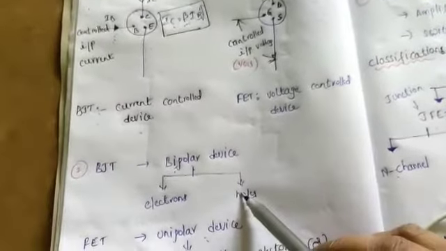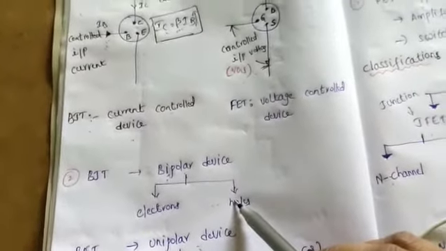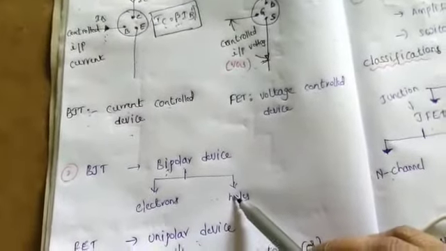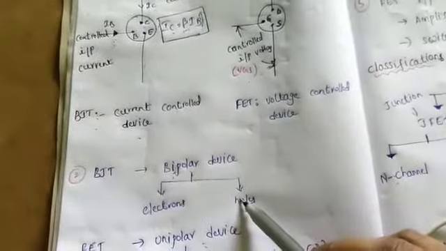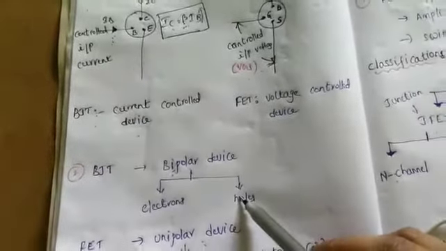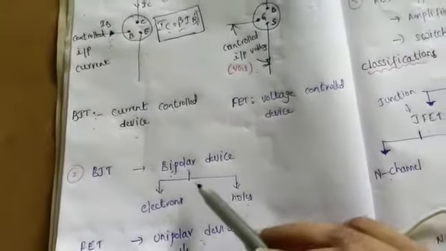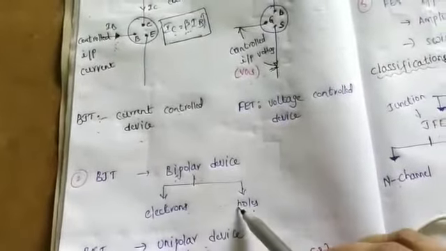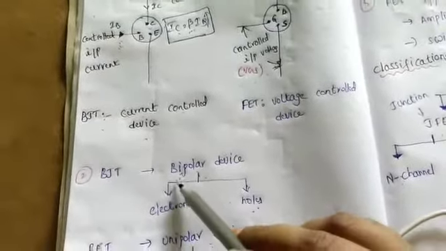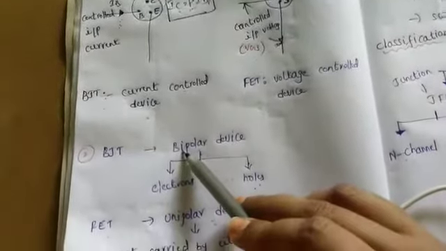Suppose you take an NPN transistor. In an NPN transistor, majority charge carriers are electrons and minority charge carriers are holes, so the current is carried by both electrons and holes. In a similar way, in a PNP transistor, majority charge carriers are holes and minority charge carriers are electrons, so the current is due to both holes and electrons. So it is called a bipolar device.